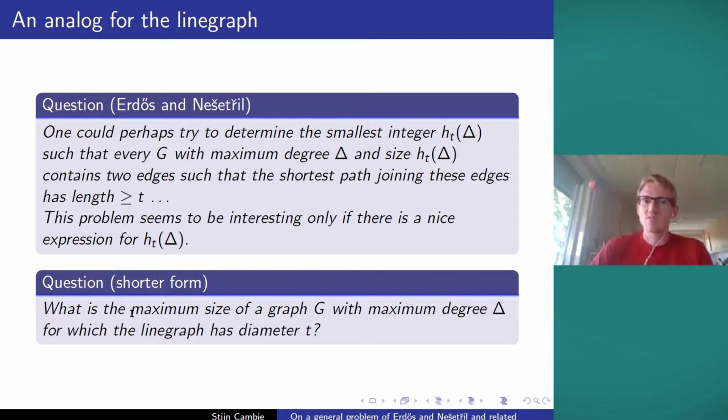And this maximum size will be h_t of delta minus 1. And according to Erdős, as written in his paper from '88, so a bit more than 30 years ago, this problem would be mainly interesting if there is also a nice expression for h_t of delta.